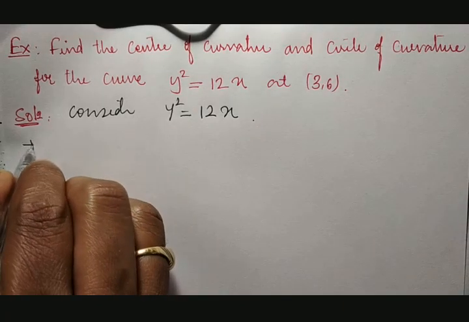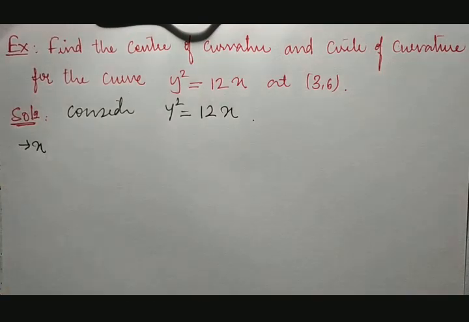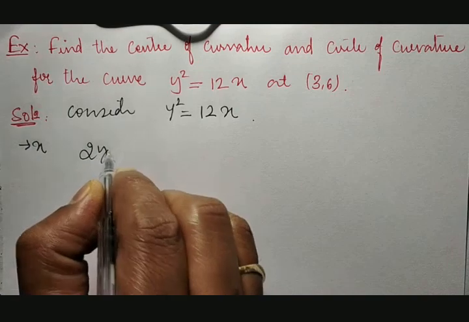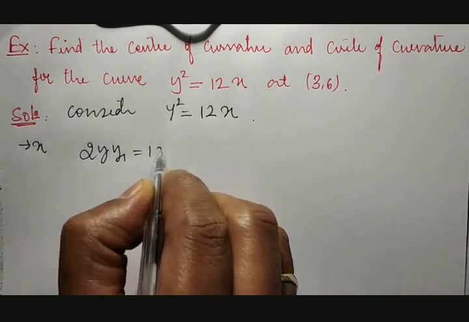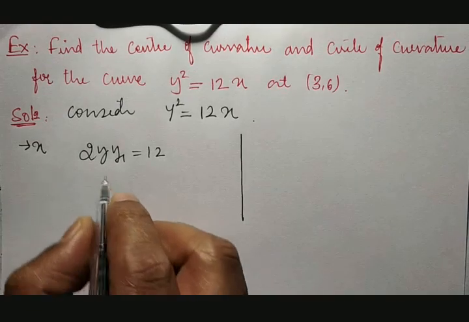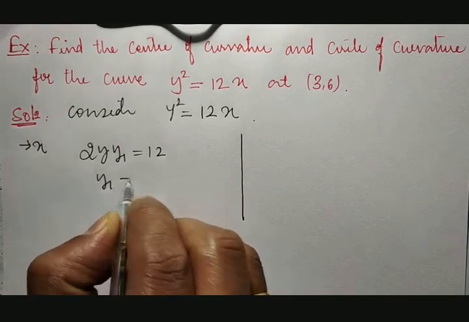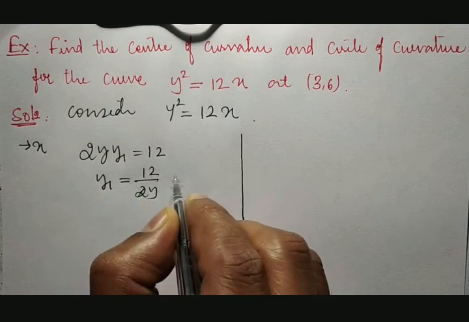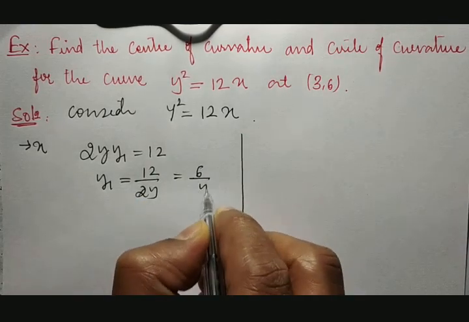Differentiating this with respect to x, it becomes 2 times y into y1 is equal to 12. Therefore, y1 is equal to 12 divided by 2y, that is 6 by y.